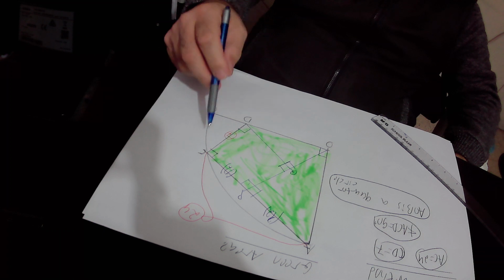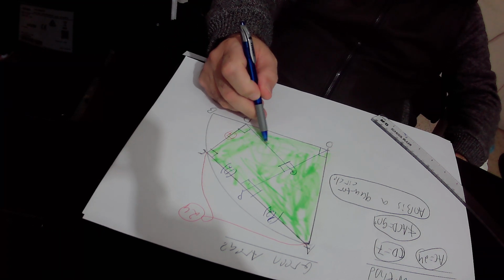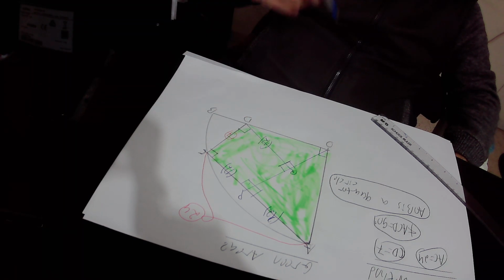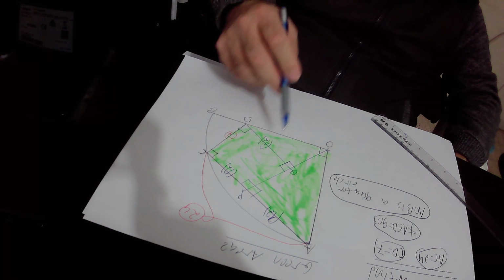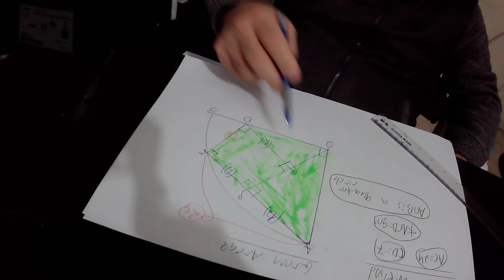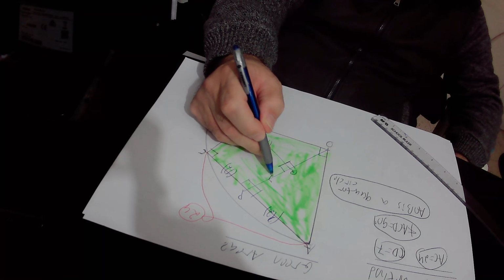So PC equals QD, but PC is 12, therefore QD must also equal 12 units in its length. Likewise, in the same rectangle QPCD, CD must be equal to PQ, but CD is 7, therefore PQ must also equal 7 units in its length.